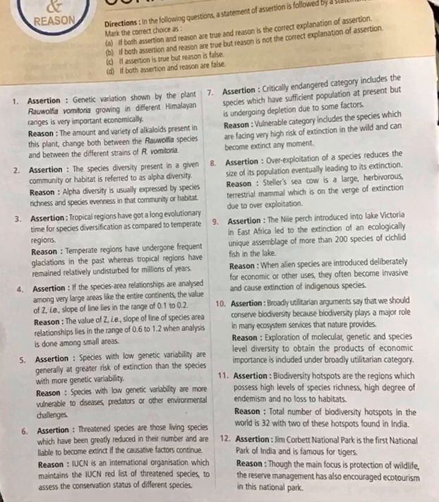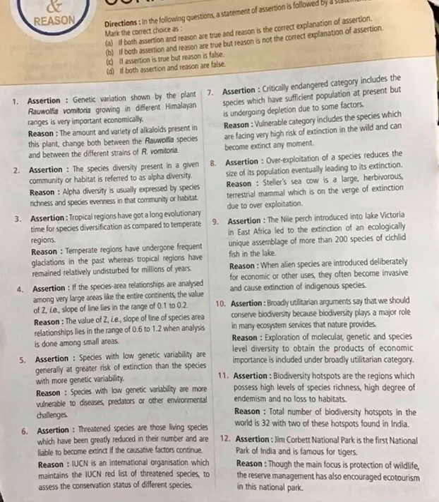In this, first let's read the directions. In the following questions, a statement of assertion is followed by a statement of reason. So there will be two statements, one is assertion, another is reasoning. Now you have to make a correct choice.